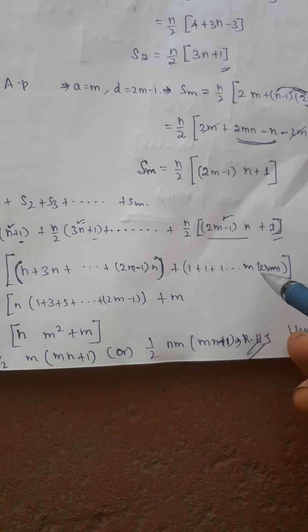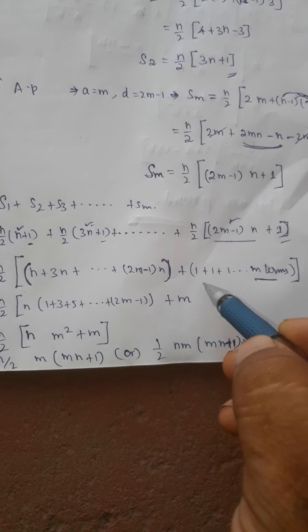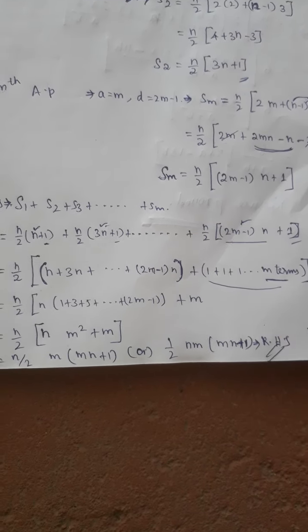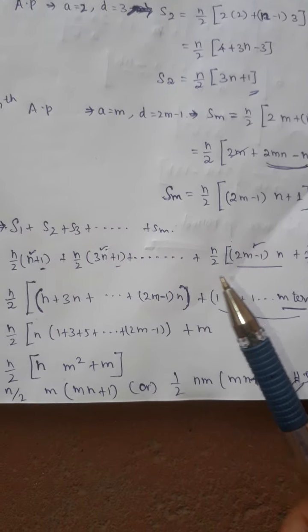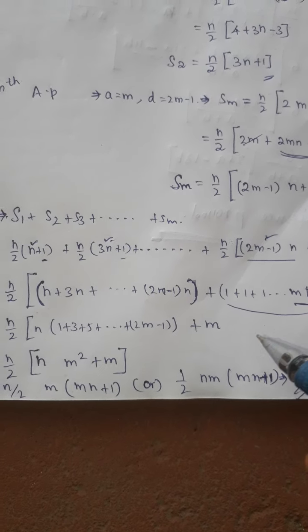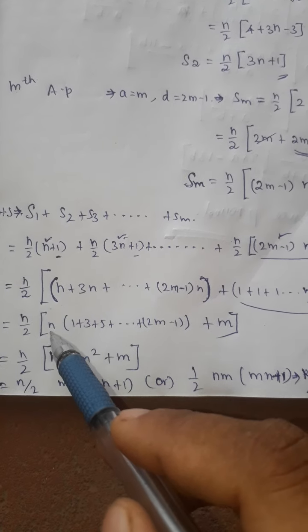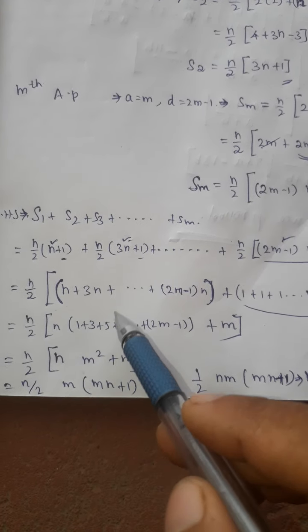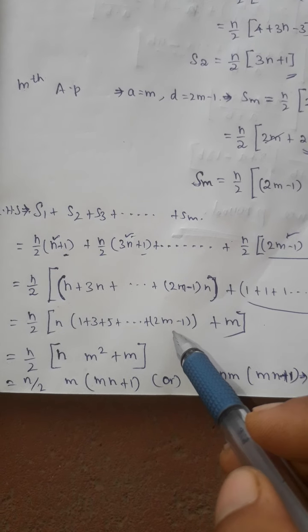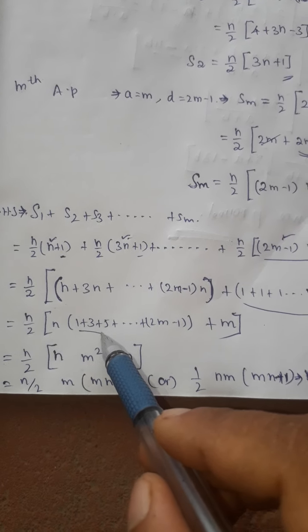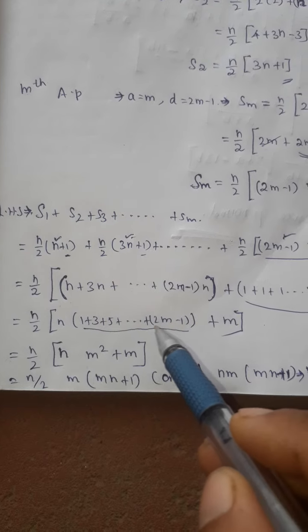So like this it is up to m terms. We can simplify in terms of m: taking n common, the remainder is 1 plus 3 plus 5 plus etc. up to 2m minus 1.